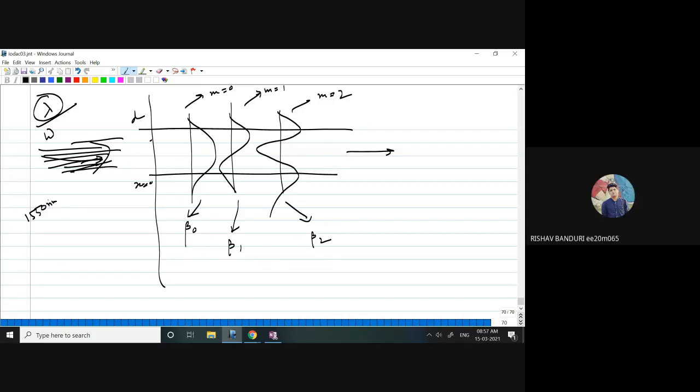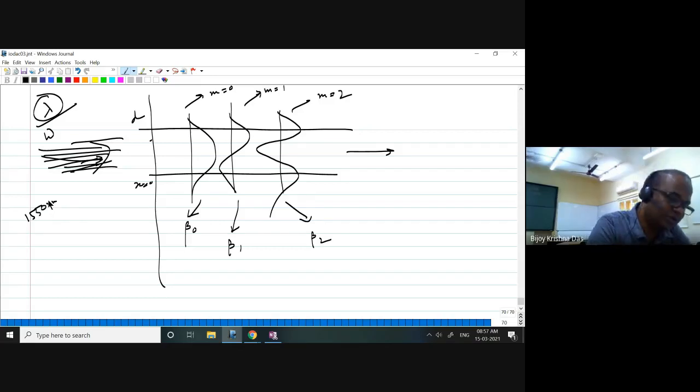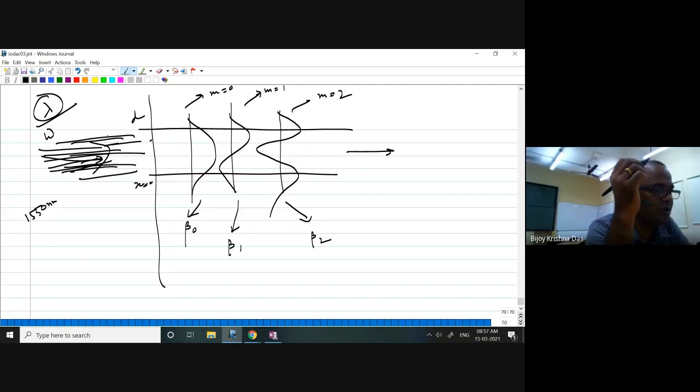Sir, it should depend on the coupling, how we are coupling the laser light with that waveguide, at which angle. Suppose it is just a beam coming, because now I am not talking about angle anymore.